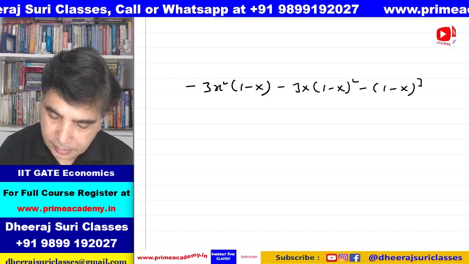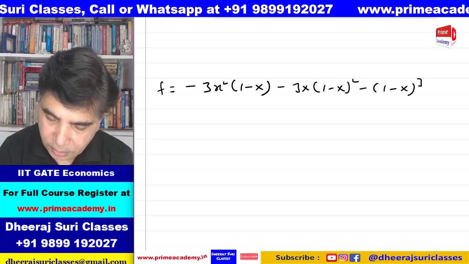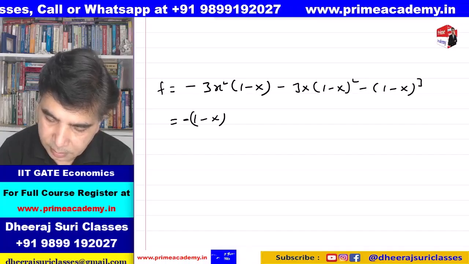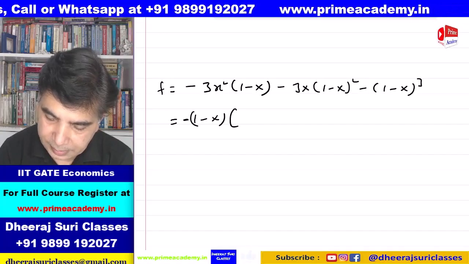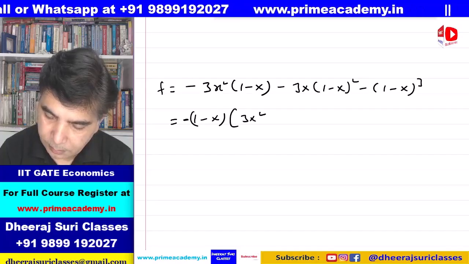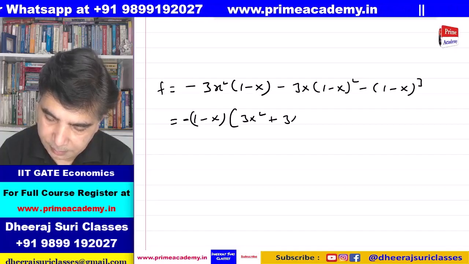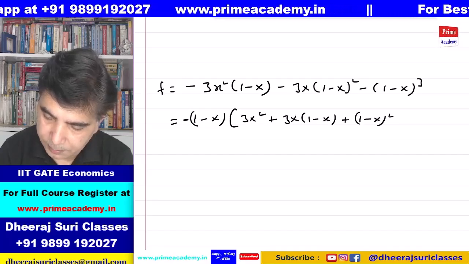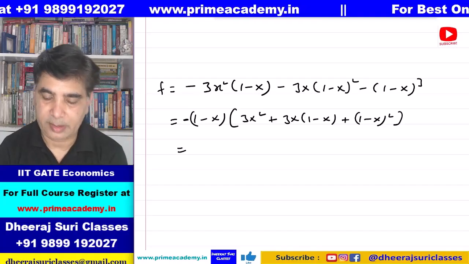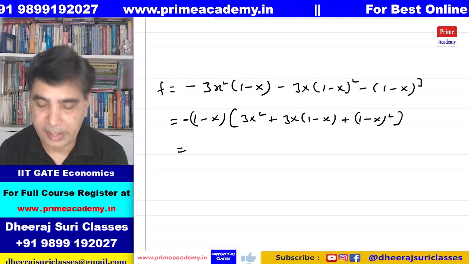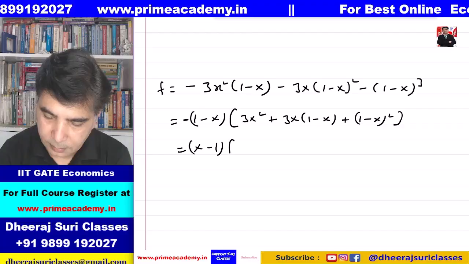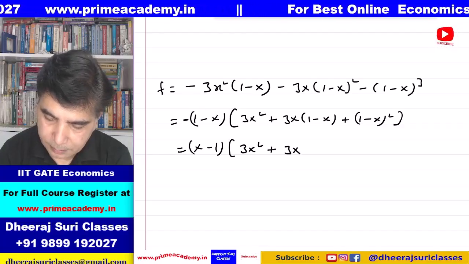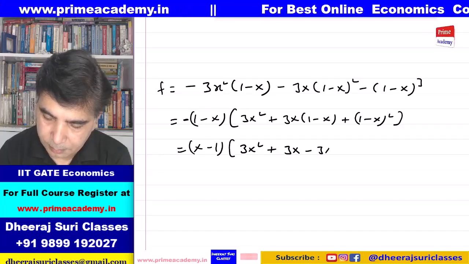I can take minus (1 minus x) common out of this. So I am left with 3x square plus 3x times (1 minus x) plus (1 minus x) whole square. Now when I adjust this minus in this bracket, I get (x minus 1) times 3x square plus 3x minus 3x square.